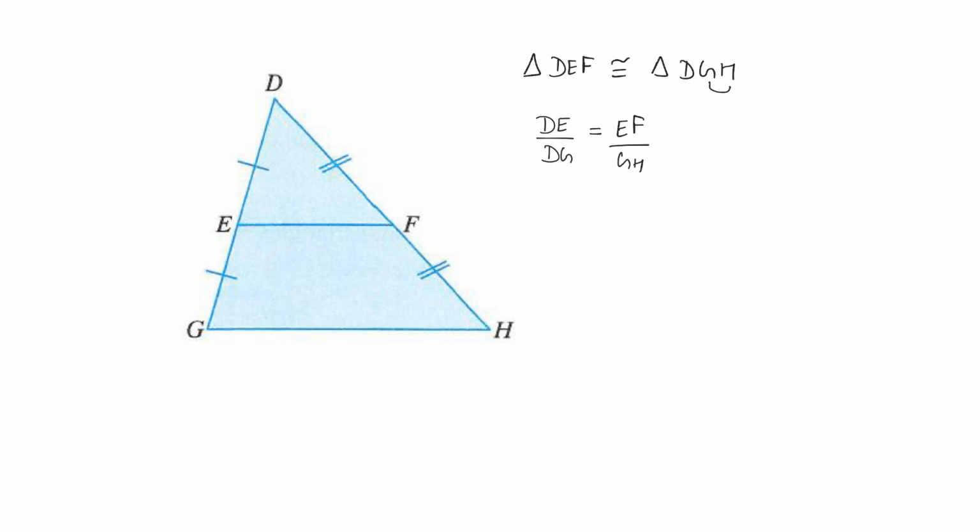The corresponding side ratios must be equal. So DE over DG, EF over GH and DF over DH. You can also see this from the diagram. DE corresponds to DG, DF corresponds to DH and EF corresponds to GH. So they must have the same ratio.